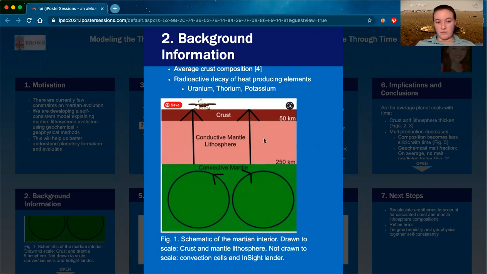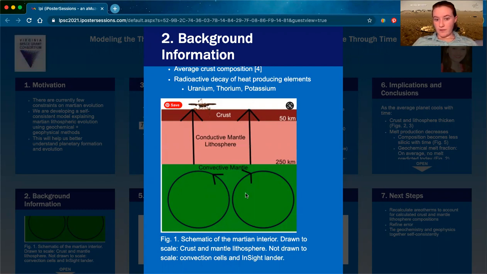The section beneath, labeled conductive mantle lithosphere, is the very top part of the mantle beneath the crust. In this area of the mantle, heat moves differently than in the part of the mantle underneath. Through the entire lithosphere, the mantle lithosphere and the crust, heat rises straight through, and we call this conductive.